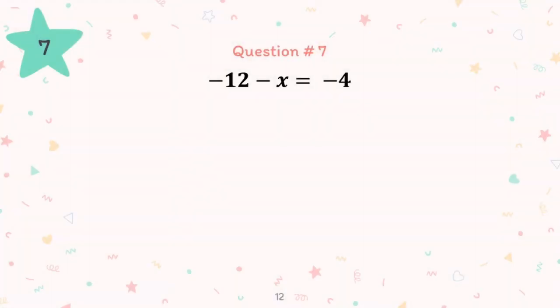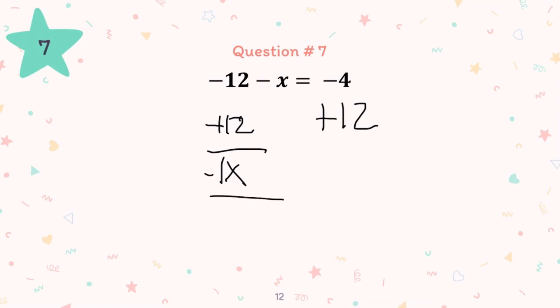This one, I did the opposite of subtracting, which is adding, so I'm going to do plus 12. And what I do on the left side, I do on the right side, so I'm going to do plus 12 here as well. And then this is basically negative x, and then we're going to do that divided by negative 1.